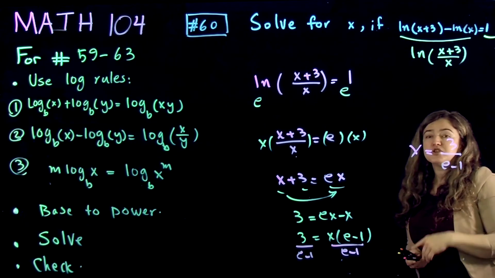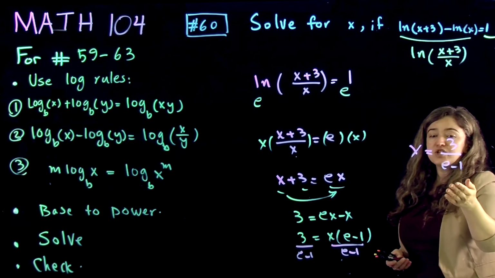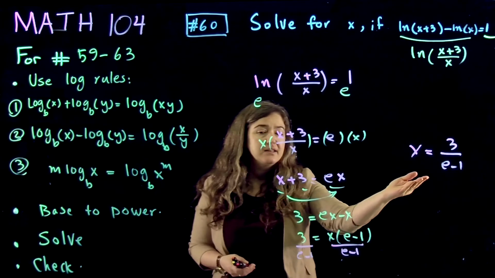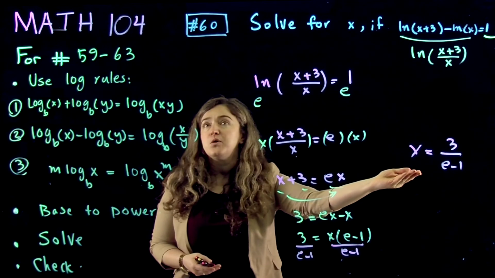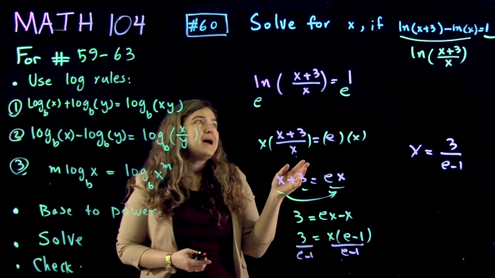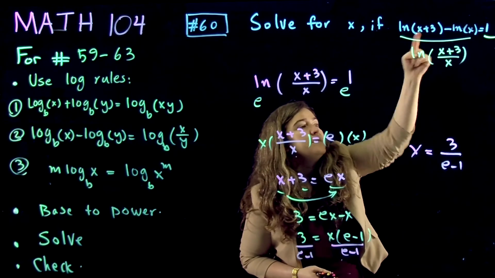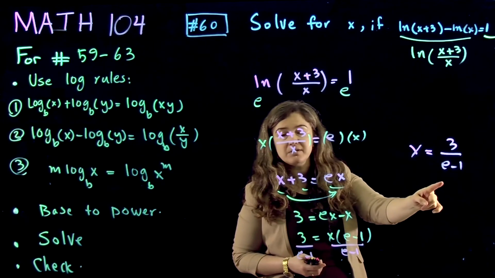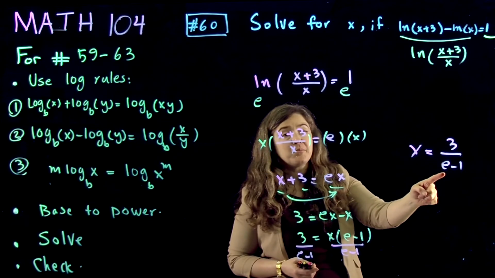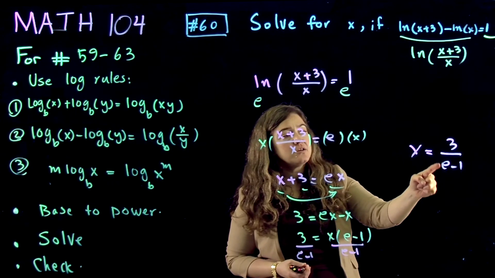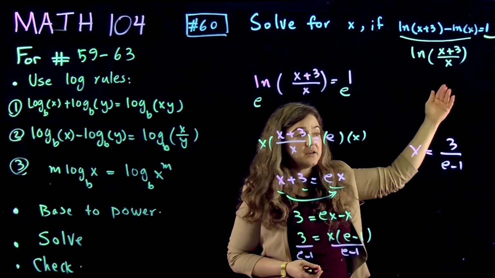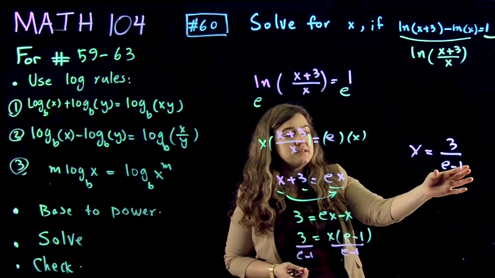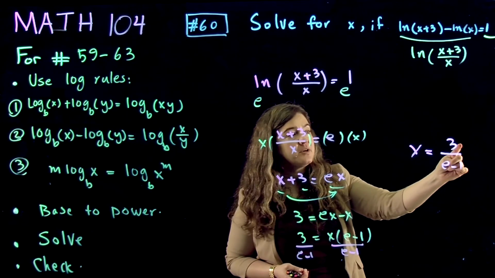So the next question with this set of questions is always to check to see if this is going to be within the domain or not. Looking back at the original, one little trick is going to save you. Remembering that e is 2.7..., therefore, the denominator is going to be a positive number.